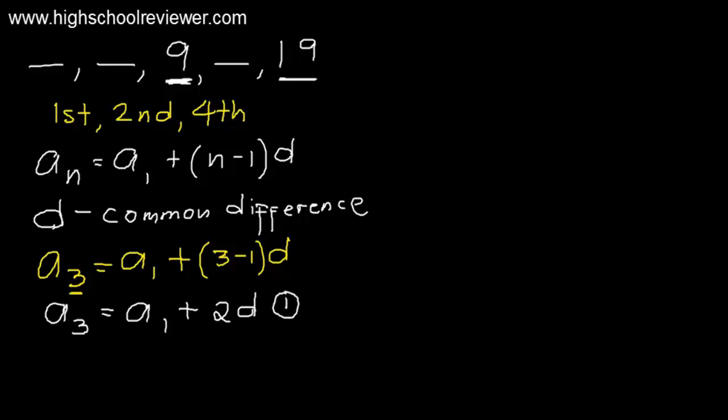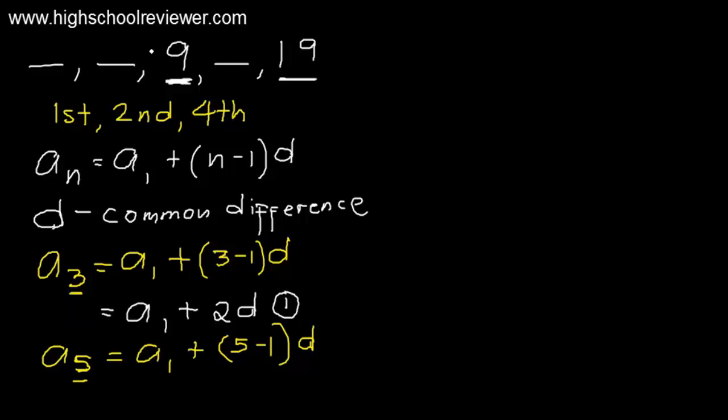Let us find equation 2. So we are going to use the fifth term. The formula for the fifth term will be a sub 5 equals a sub 1 plus, our n here will be 5, so 5 minus 1 multiplied by d. By the way, our a sub 3 has a value already.